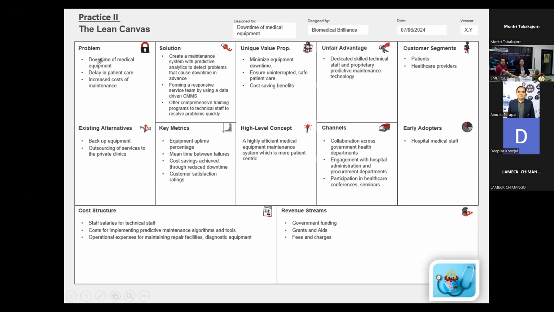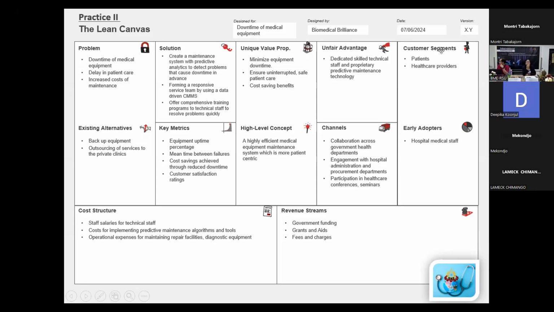The first is the main problems. The high downtime of medical equipment, which affects the medical staff and the patient, which leads to delay in patient care. And we also have the problem of increased cost of maintenance.